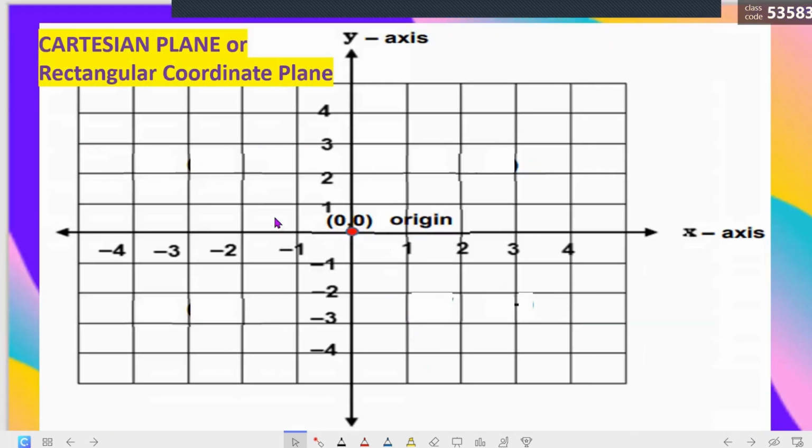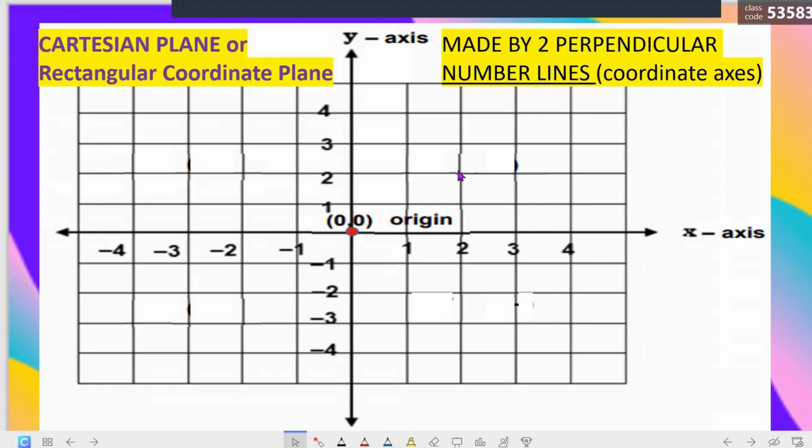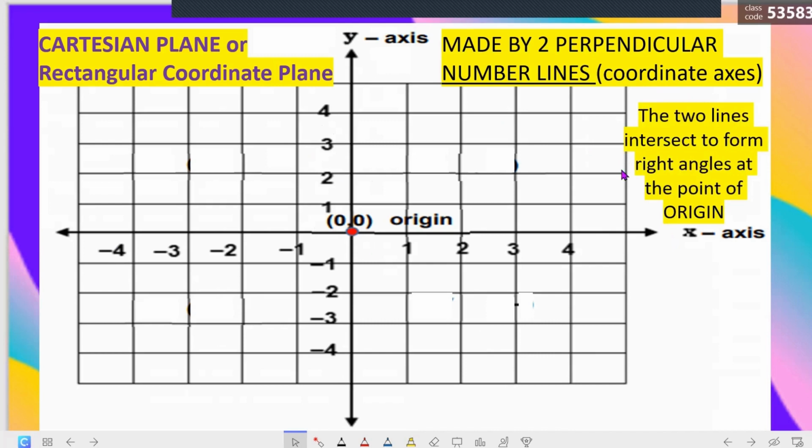So here is a Cartesian plane or rectangular coordinate plane. It is made by two perpendicular number lines or two coordinate axes. We have the x-axis for the horizontal line, and the y-axis for the vertical line. These two lines intersect to form right angles at the point of origin.